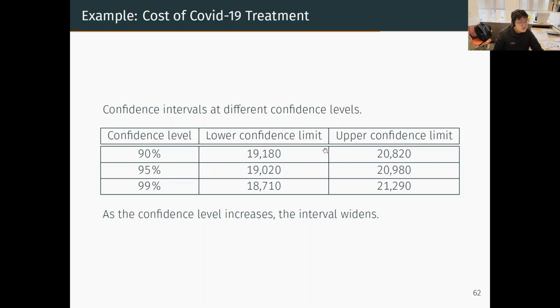But their center is always the same. Their centers are always fixed at the sample average because that is the point estimator. The point estimator does not change. But when the confidence level changes, it's a matter of margin, how much margin you have to add, right? So the margin will increase as the confidence level increases, right? That's again the same conclusion we just learned.